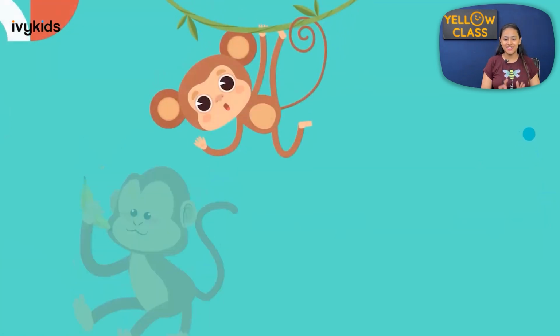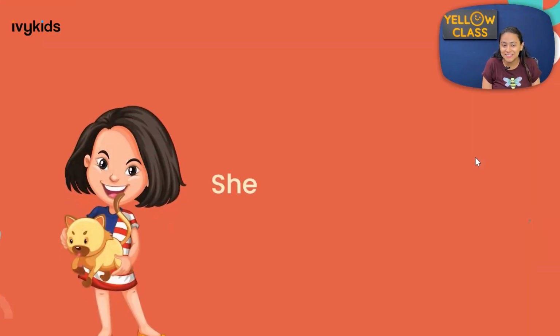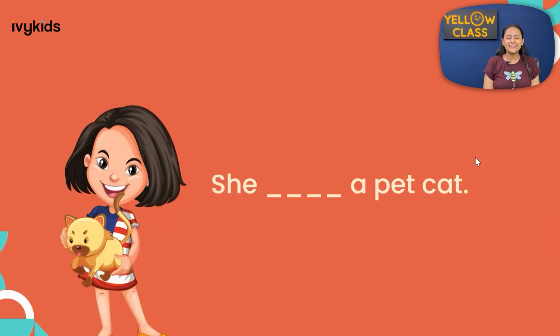Quick responses, right? Monkeys have long tail. Monkeys is plural, and with a plural subject, we put have. Great. Let me ask another question to you. She dash a pet cat. Wow, this cat looks cute. Right? So she dash a pet cat. Fill in the blank, please. Has or have?